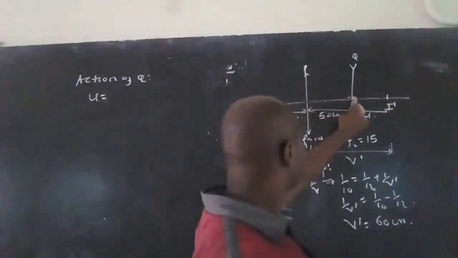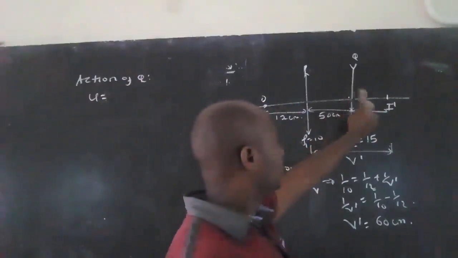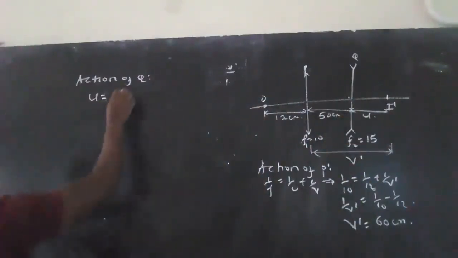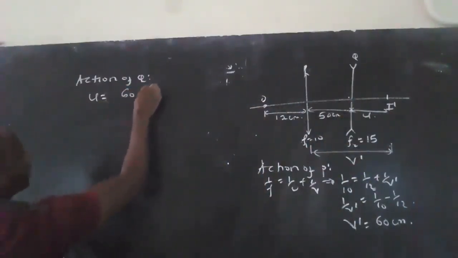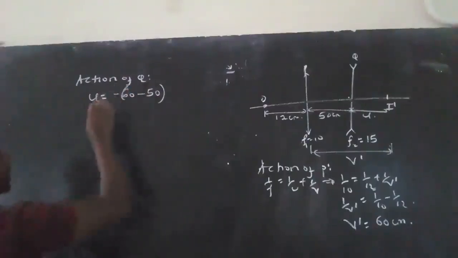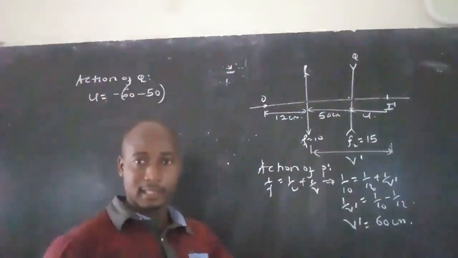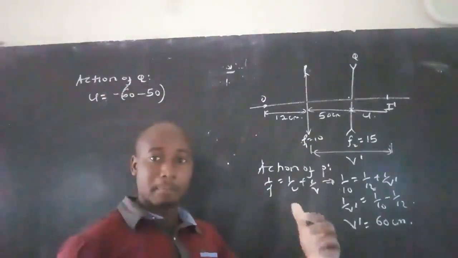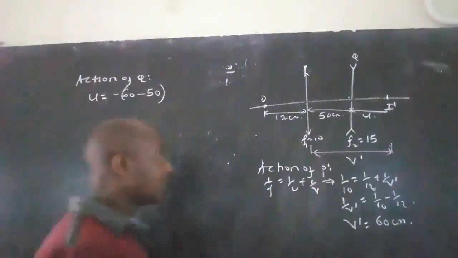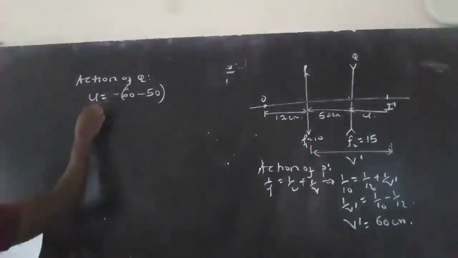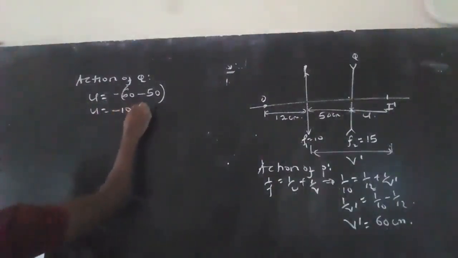Then this is 50. So what's the remaining distance? It will be 60 minus 50. But it's negative because real objects are placed in front of the lens and not behind. You understand? The real objects are placed in front, not behind. So u will become negative 10 centimeters.